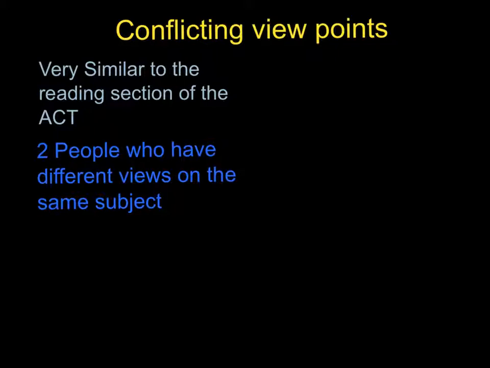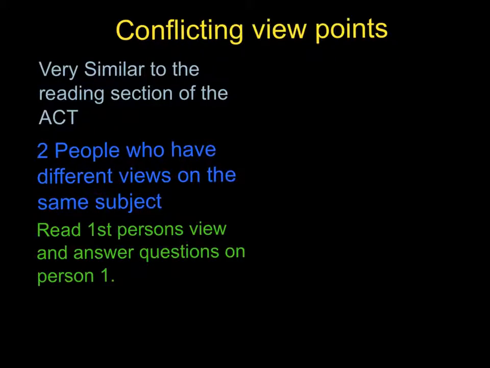And here's my strategy. Read the first person's view and answer the questions on person number 1. Once you're done answering the questions, you cross out each question on person 1 that you've answered, so that you won't have to read through them when you're going back through.